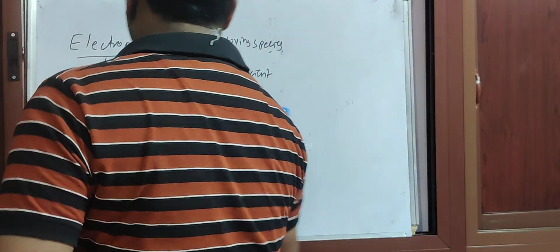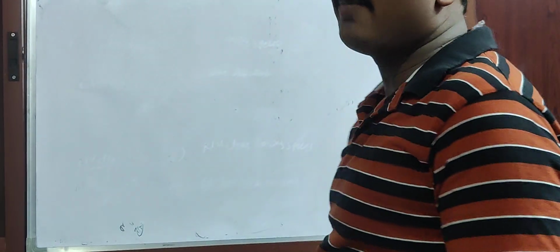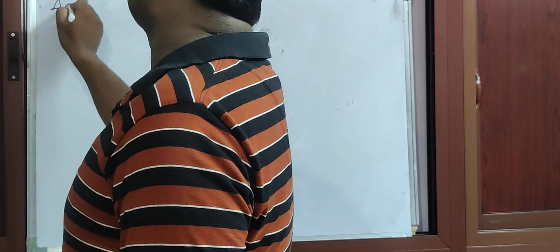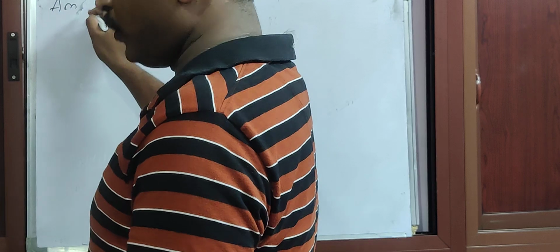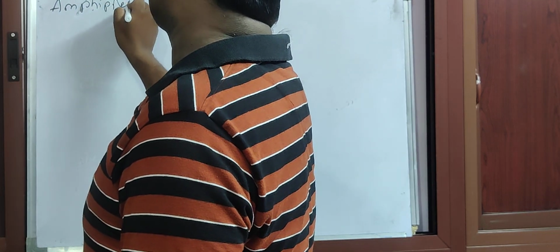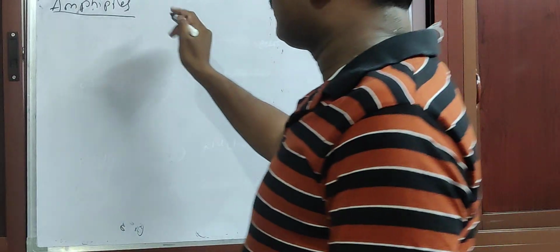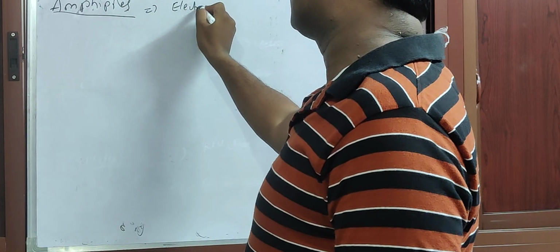Next, ambiphiles. Ambiphiles are amphiphiles. These have two characters: one is electron rich and the other is electron deficient sites.